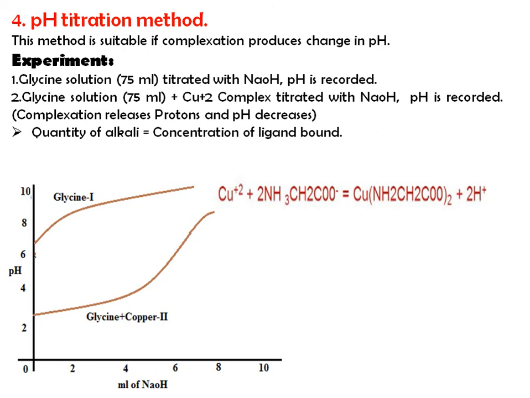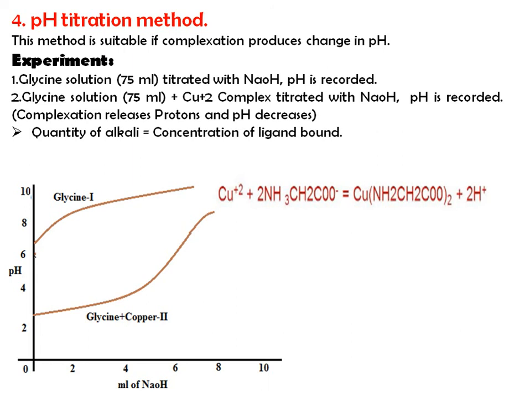Then this horizontal distance, this horizontal distance between the titration curve of glycine and the titration curve of this copper glycine indicates the amount of sodium hydroxide used for neutralization, and this concentration of sodium hydroxide is equal to the concentration of ligand bound at any value of pH.